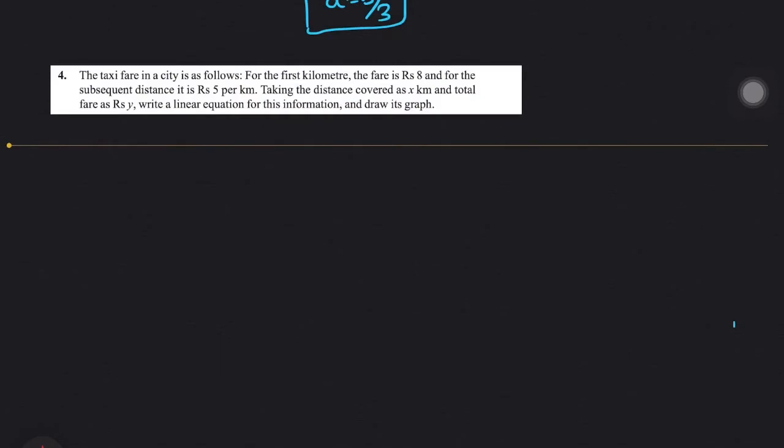Question number 4. The taxi fare in a city is as follows. For the first kilometer, the fare is Rs 8, and for the subsequent distance, it is Rs 5 per kilometer.